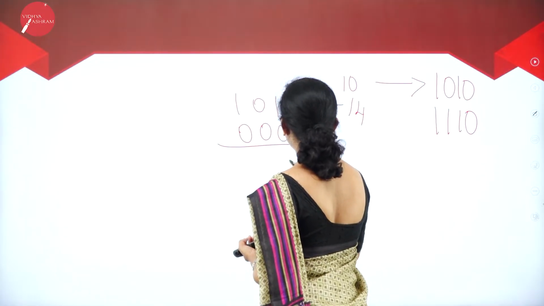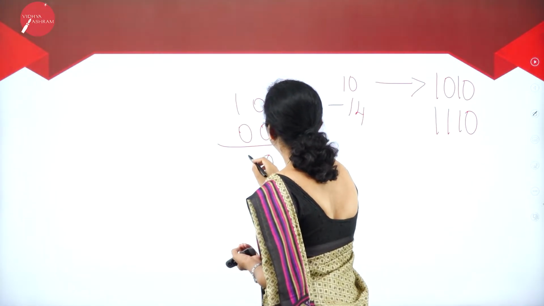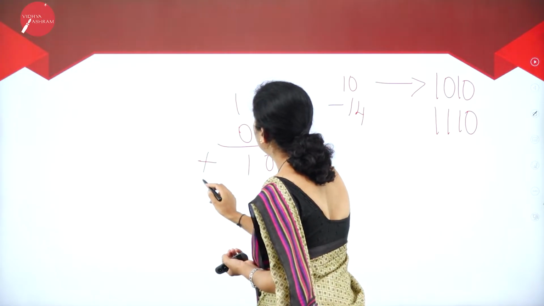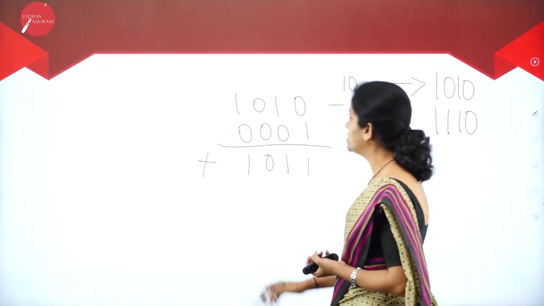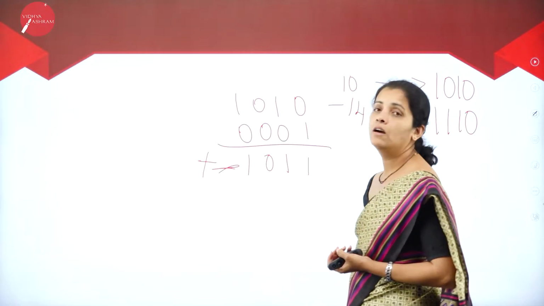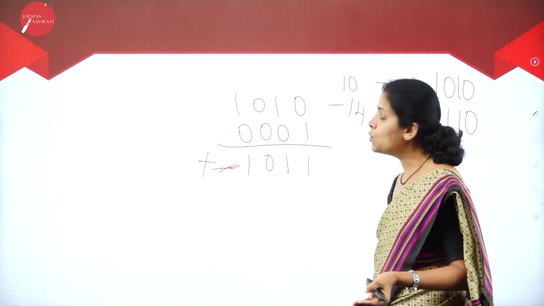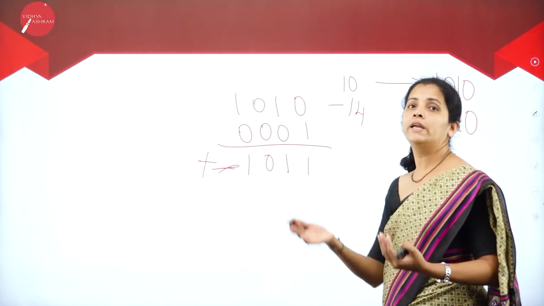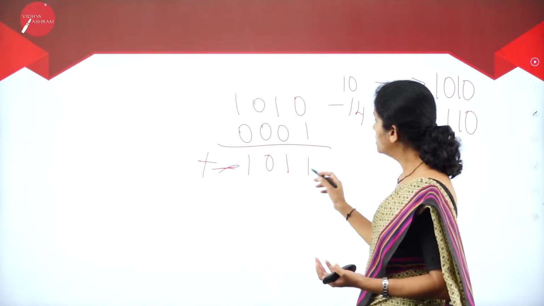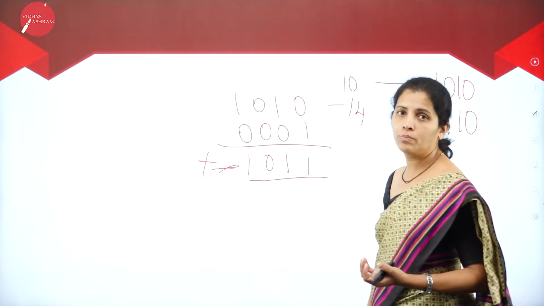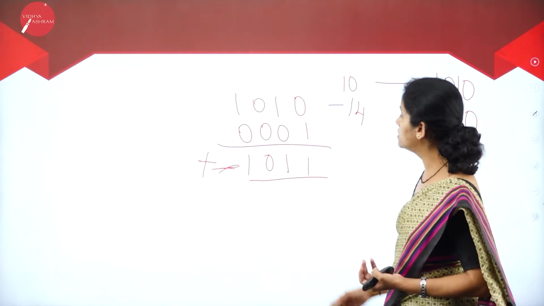Now I'm going to perform the addition operation, and if I consider here, I'm not going to have any carry. So what I want to do? I want to take the ones complement.